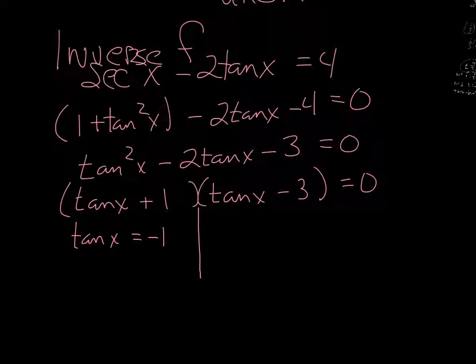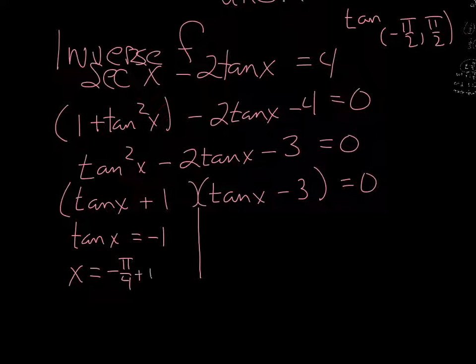Now remember, we're told to use inverse functions. And when we use inverse functions, tangent is restricted between negative pi over 2 and pi over 2. Wait, where? It's between where? Not 7 pi over 4, it's negative pi over 4 plus pi n.